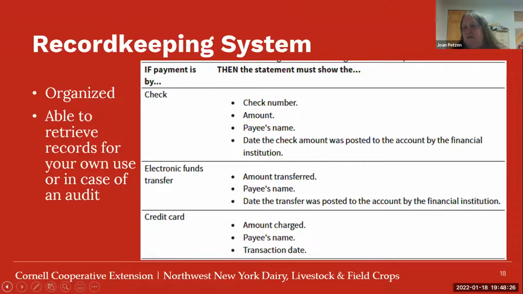One of the handy tools that I like to do when doing bookkeeping, and I did bookkeeping for a heavy excavating business for my husband for 25 years or more, is when I pay a bill by check, I write the check number, the amount that I paid, and the date that I paid it right on that slip.